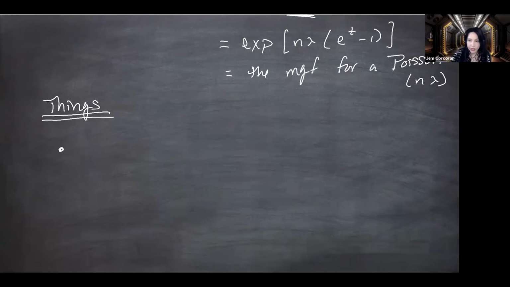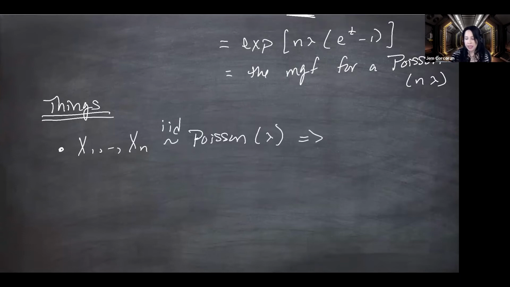So the first thing we just showed is that if you have X1 through Xn, independent, identically distributed Poisson random variables with parameter lambda, this means that the sum as i goes from 1 to n of Xi is Poisson with parameter n lambda.